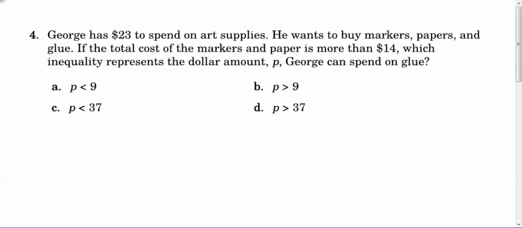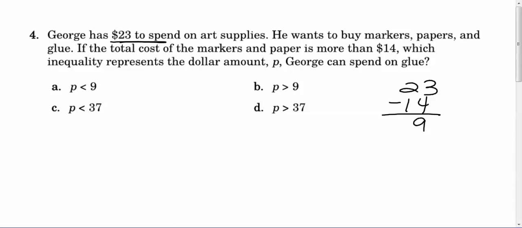All right, George has $23 to spend on art supplies. He wants to buy markers, paper, and glue. If the total cost of the markers and paper is more than $14, which inequality represents the dollar amount P that George can spend on glue? So we know that he has 23 total to spend, right? So he's got 23 bucks and he wants to spend more than $14. When you subtract these two, you're going to get 9, right?